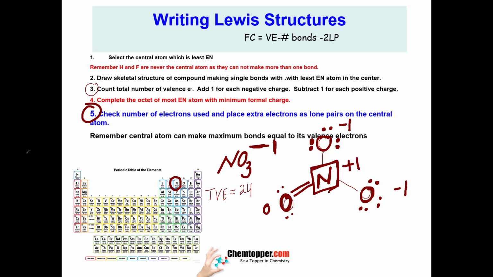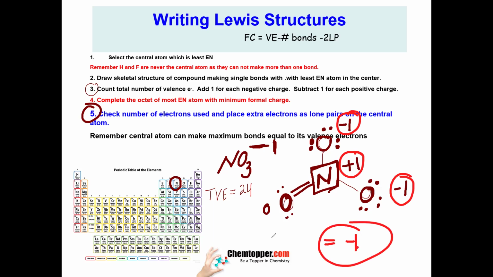Why? Because if you add this -1, this +1, this -1, what is the net charge? -1. Yes. Are we good with this? Okay, so that's the Lewis-Dot structures.